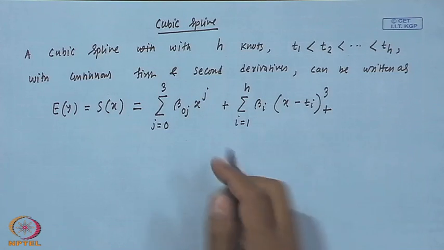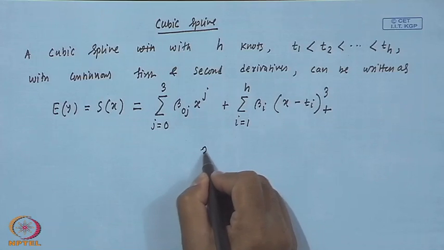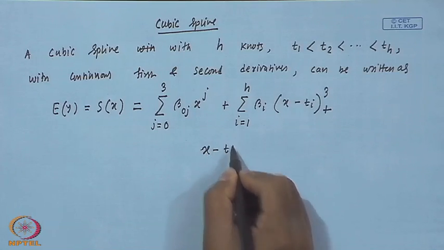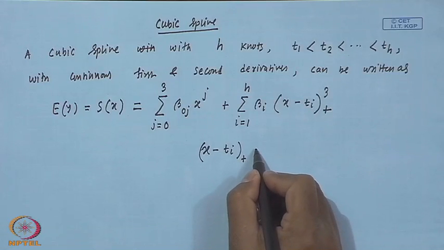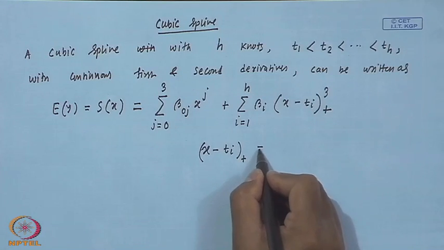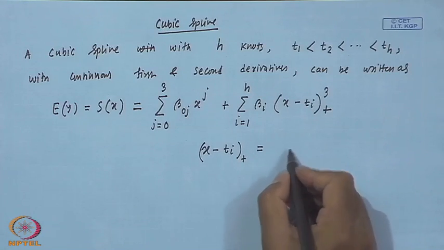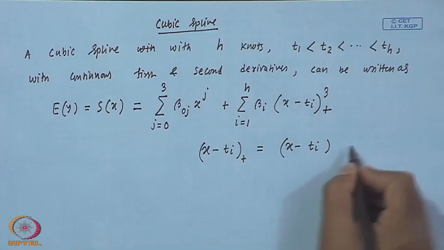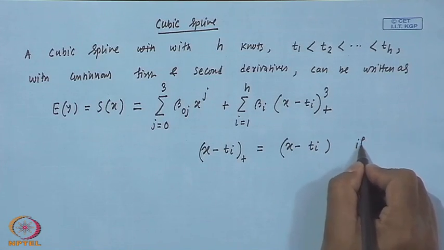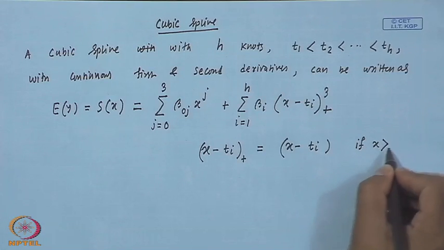So, what is this function (x minus t i) plus? This is the notation which stands for: this function is equal to x minus t i if x is greater than t i.